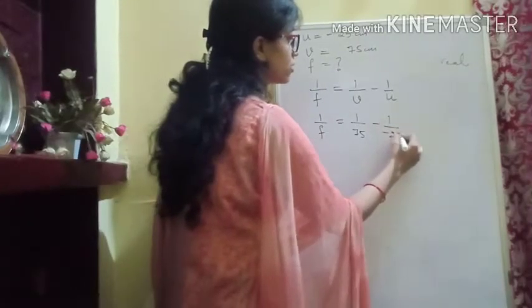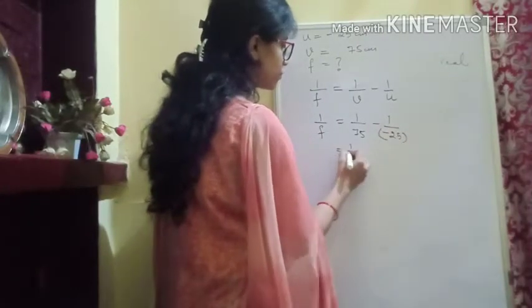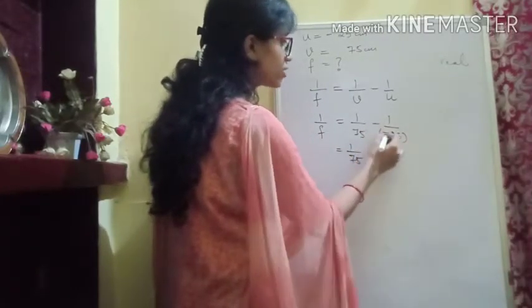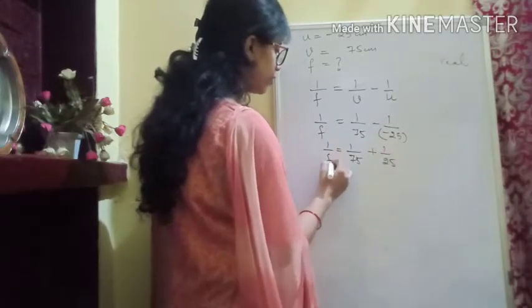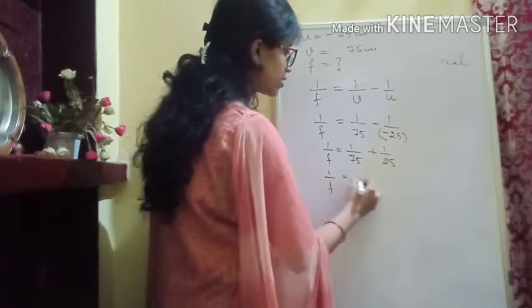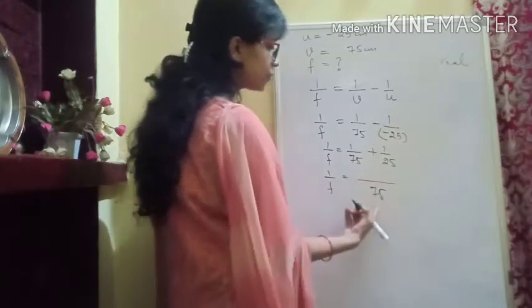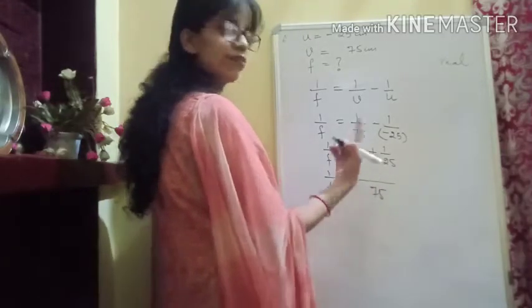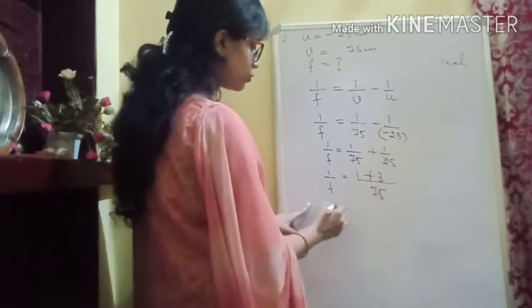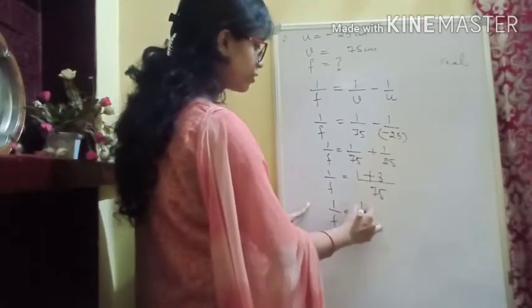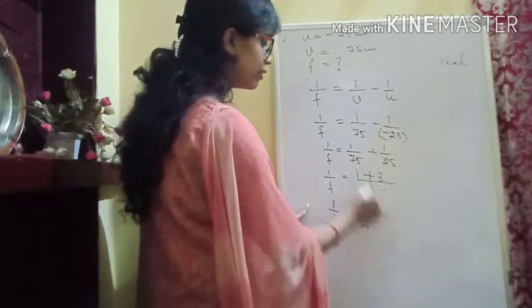We will write the values with sign. So it will be 1 upon 75, minus and minus will be plus, 1 upon 25, 1 upon f. If you take the LCM, it will be 75 upon 75, 1 into 1, and this will be 3. So eventually it will be 1 upon f, 4 upon 75.